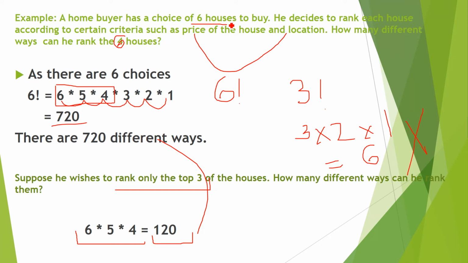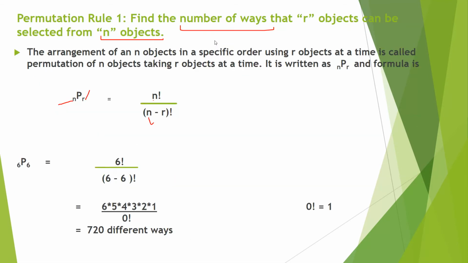In the first part, it says 6 houses, and he wants to find the ranking of 6 houses. He is considering all 6 houses. So n means 6 factorial, and n is 6, and he wants 6, right? Because in the first example he is considering all, so 6 minus 6 factorial.